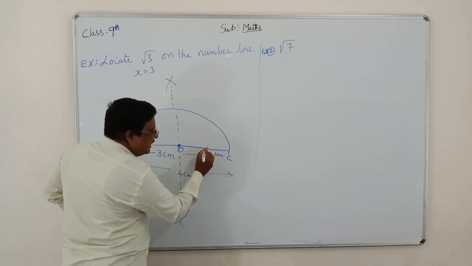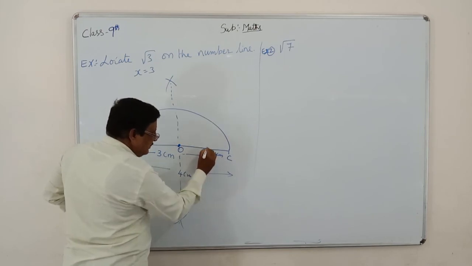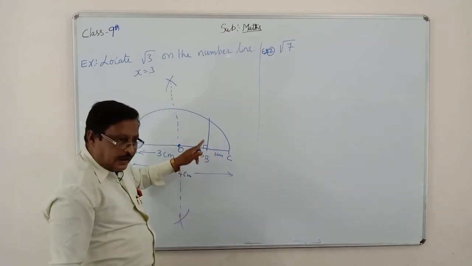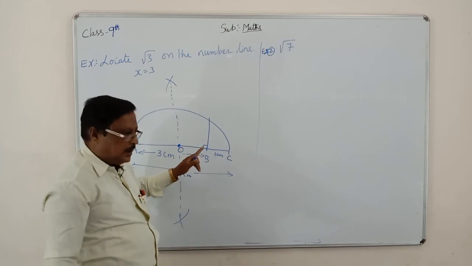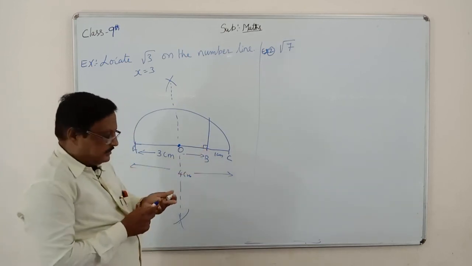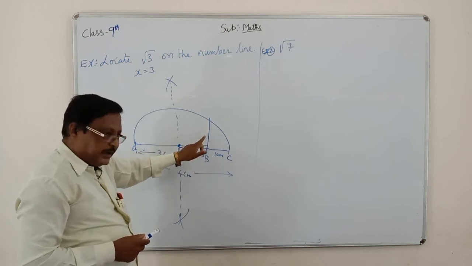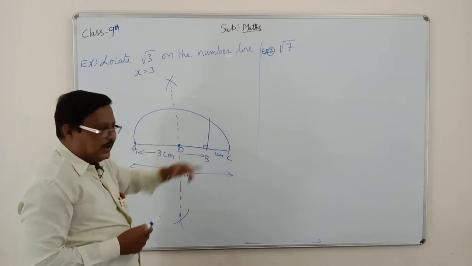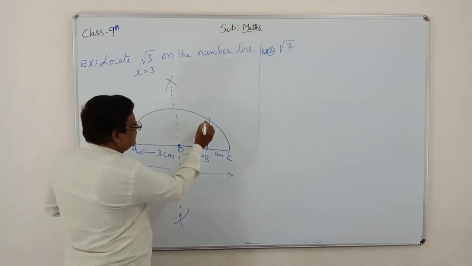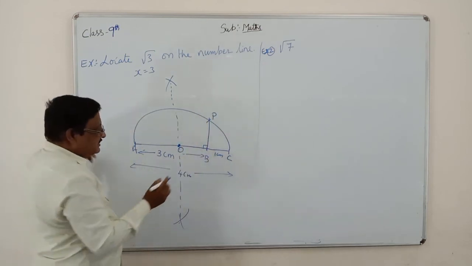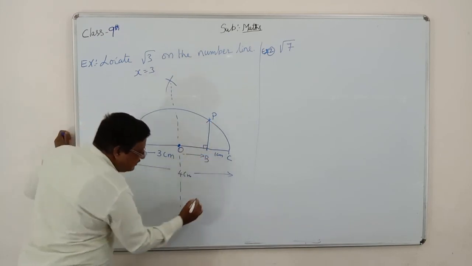After drawing the semicircle, here you have to draw 90 degrees. At the point B you have to draw a perpendicular, that is called 90 degrees. When you draw this 90 degree line, it intersects the semicircle at a point called P. This is PB.